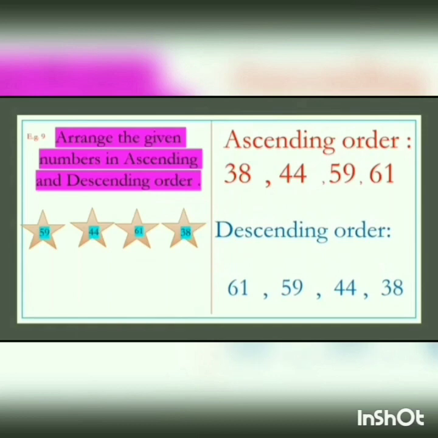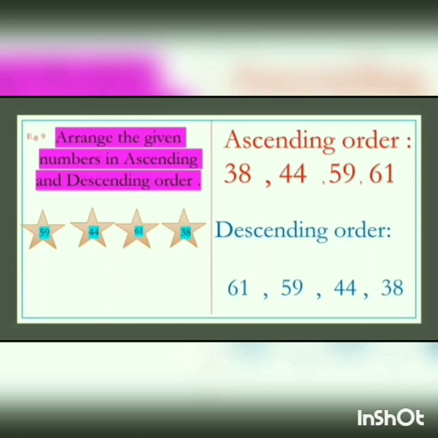Now, we will arrange the given numbers in ascending order and descending order. Let's do the sum. Here some numbers are given to you. Let's read the numbers: 59, 44, 61, 38. In ascending order, we arrange them from the smallest to the biggest number.